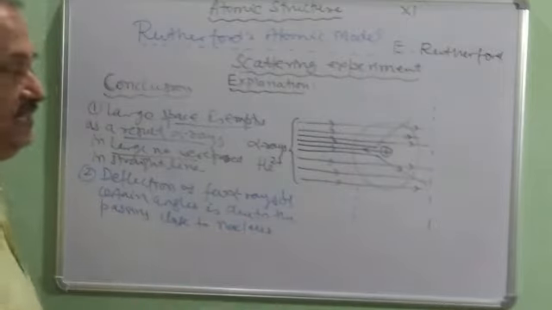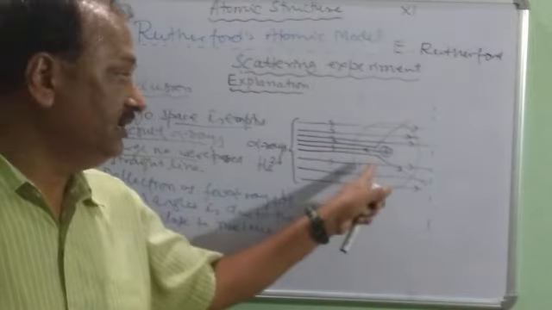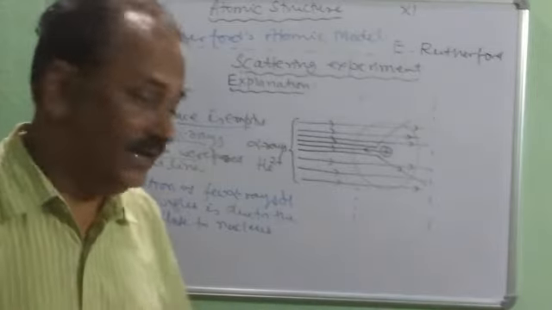It was the repulsive forces. They were passing close to the nucleus, and so they were deflected to certain angles.